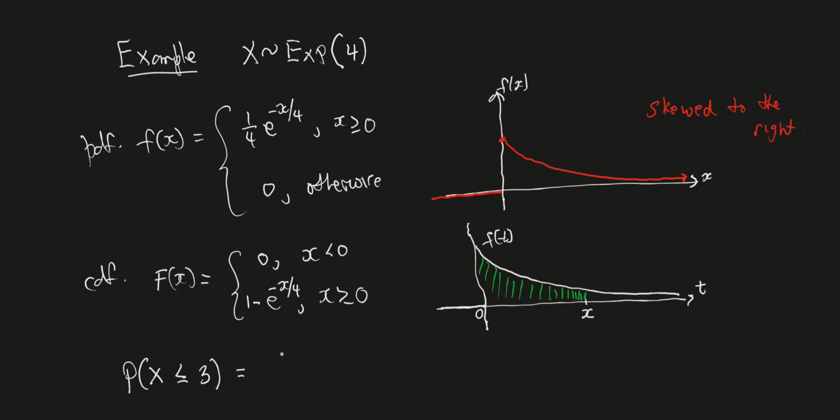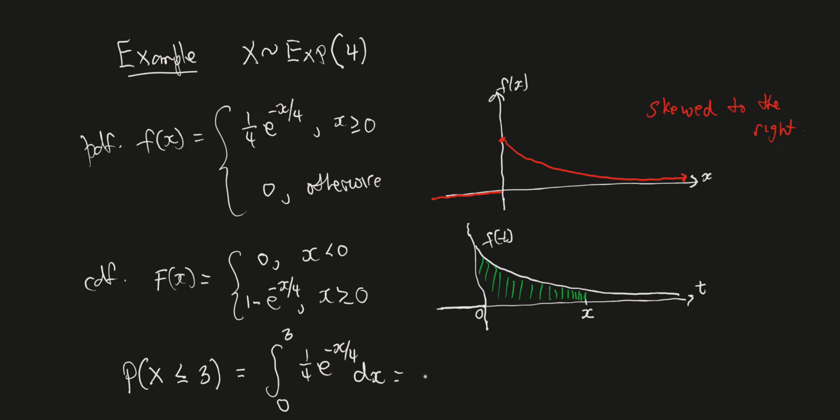If you're using the PDF, then this probability corresponds to this integral from 0 to 3, because 0 is the smallest possible value of x. And then we would integrate the function 1/4 e to the negative x over 4 dx. But we just did this integral, so we will have the 1/4 here, but then when we integrate, we have to multiply by 4, the reciprocal of 1/4.